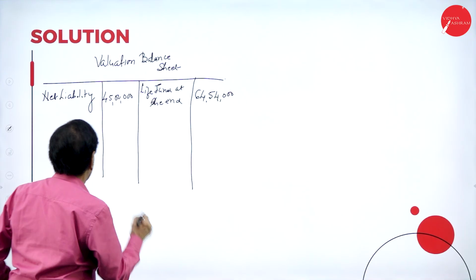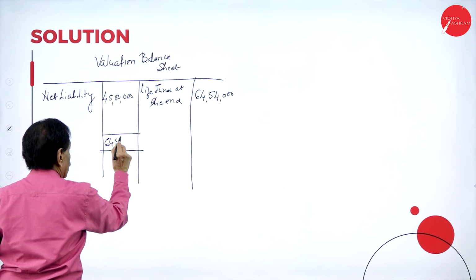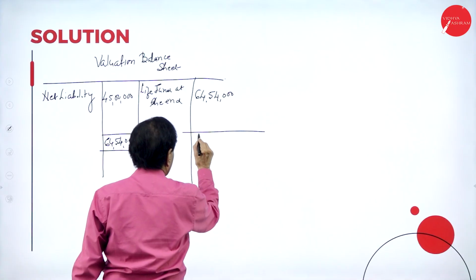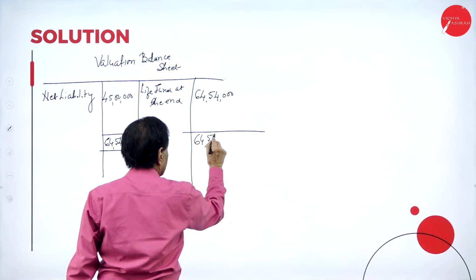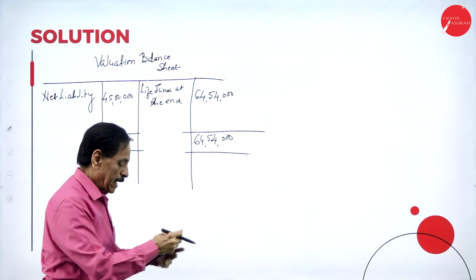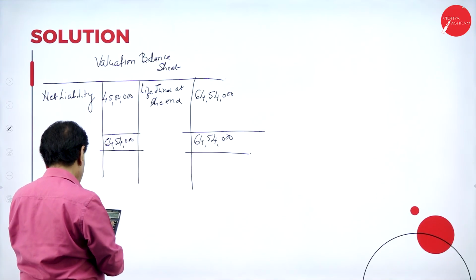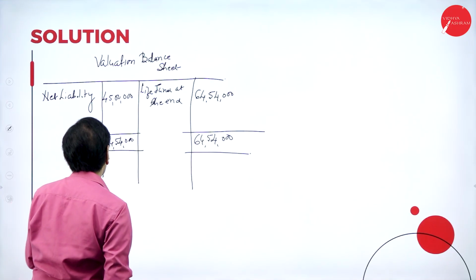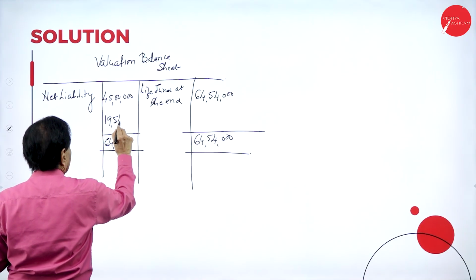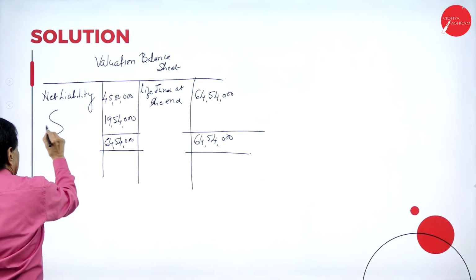Deduct. 64 lakh 54,000 minus 45 lakh, 19 lakh 54,000. This is your surplus.